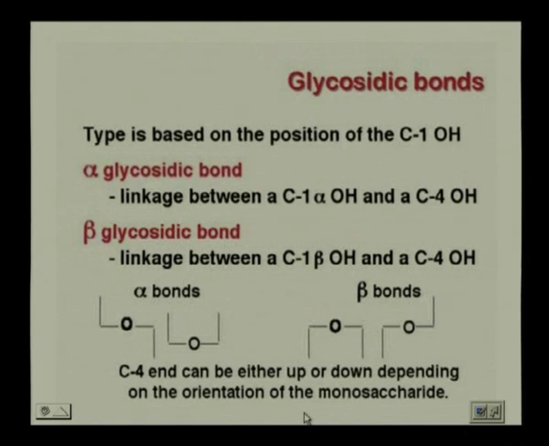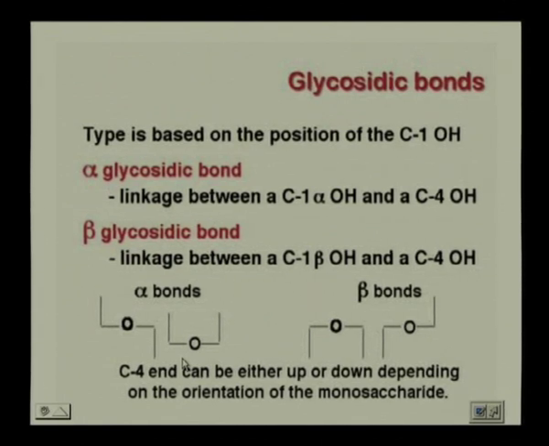Up or down, depending on what unit you are considering. Now, if that is the case, then dependent on the orientation of the monosaccharide, it could come down. In the alpha case, it always has to come down. That is what you have to remember.